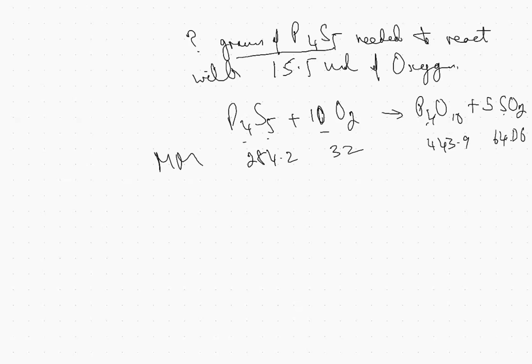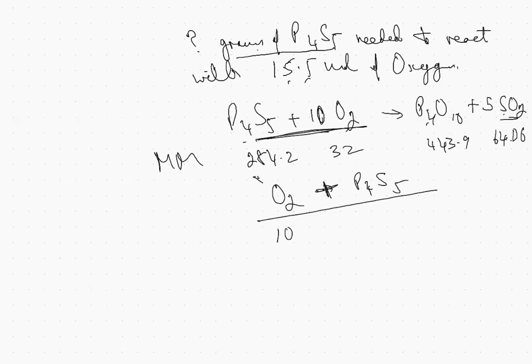Okay, so they're asking in grams. Now let us see. This is about oxygen and P4S5. Let me write oxygen first. I'm writing in the best way so that it will not confuse you. So you need 10 oxygen for 1 P4S5.